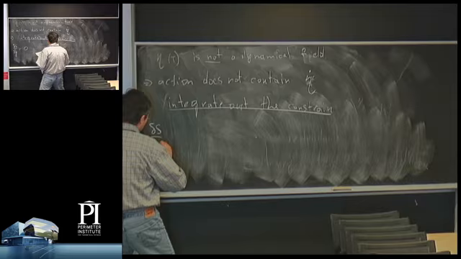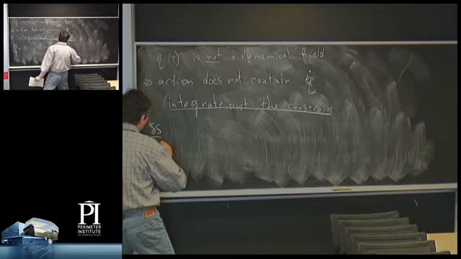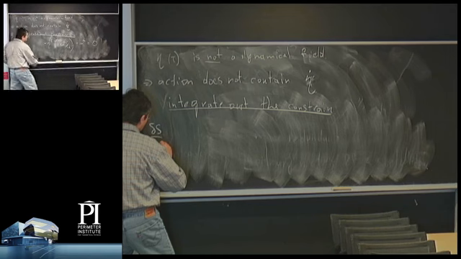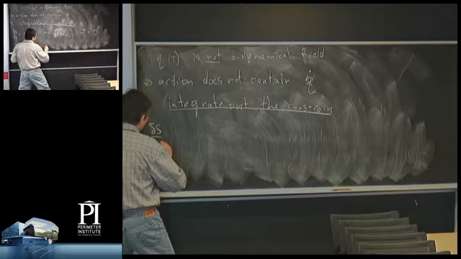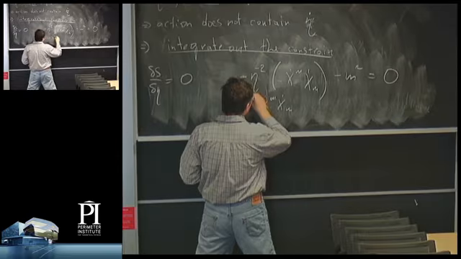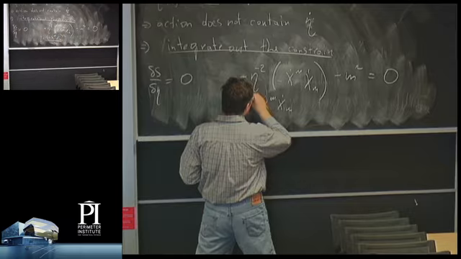Let me keep writing. There is a minus there, so I want to put the minus inside here. And then there is eta there, so that's minus m squared, and that must be equal to 0. So the equation of motion for eta is that eta is going to be equal to minus x dot squared to the power 1/2, divided by m.